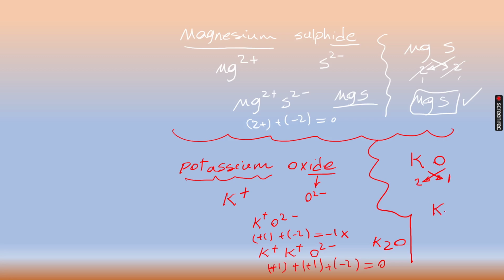It can create the K2O. Look, it is so simple. But this one is the meaning of the writing formula. Both ways are correct. And I prefer to do it like this crossover method because it is so fast for you.